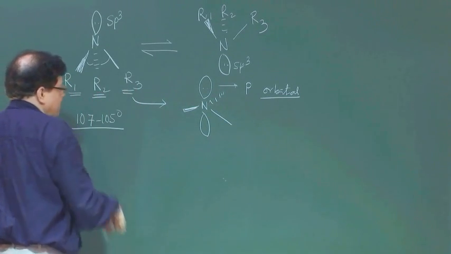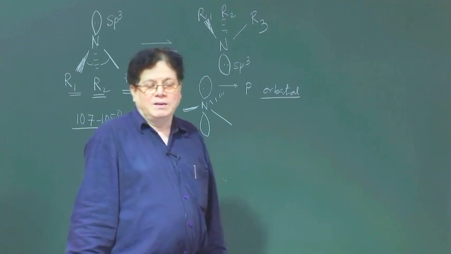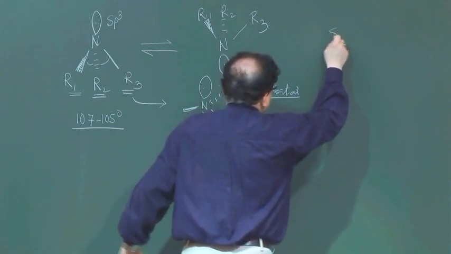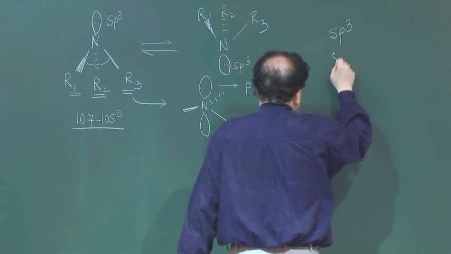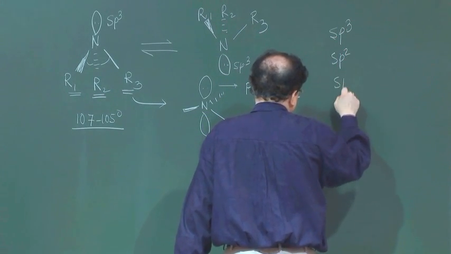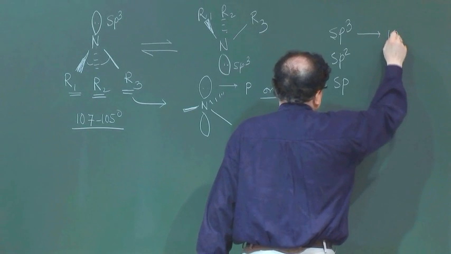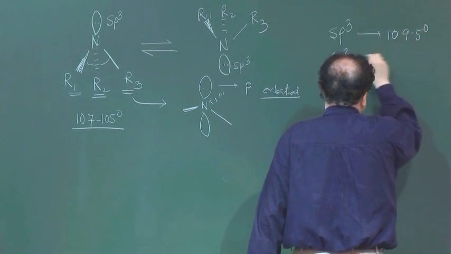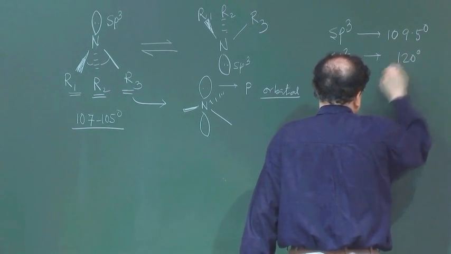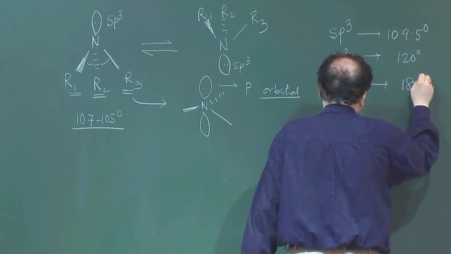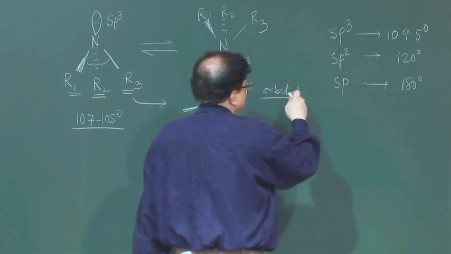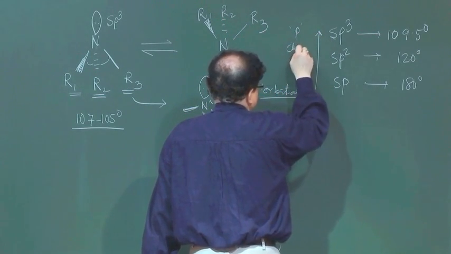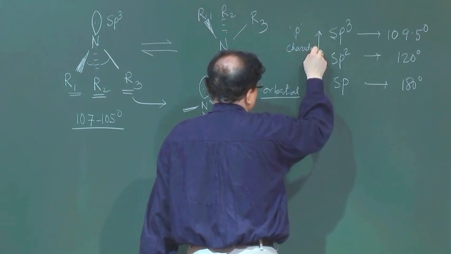So, it is slightly less than the expected value of 109.5 degrees. Now, if you look at these different hybridization states sp3, sp2 and sp, the correct bond angle for pure sp3 is 109.5, here it is 120 and here it is 180. So, what we see is that as the p character increases, the angle goes down.